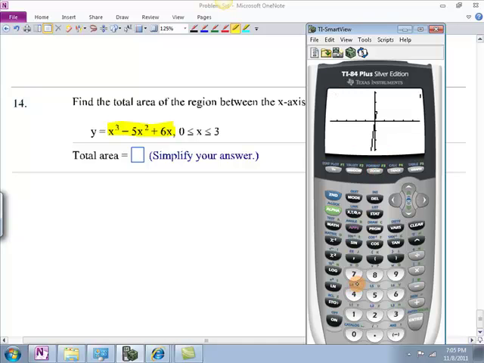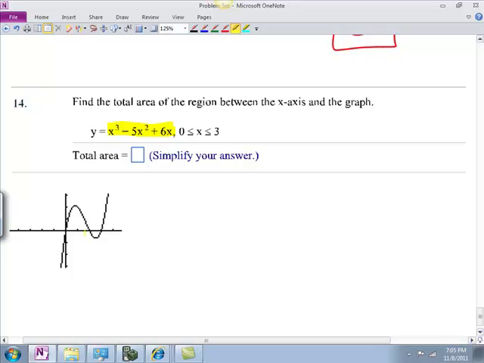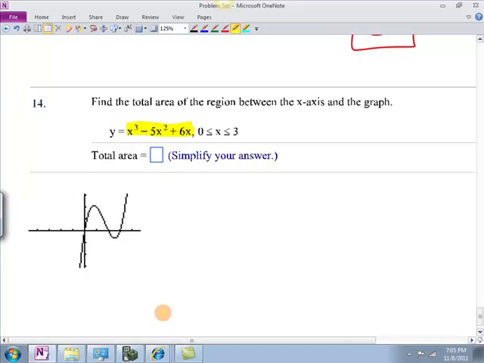Maybe a zoom 4. I like that better. I did a zoom 4, which just gave me a better picture for me. I can count where it's going.